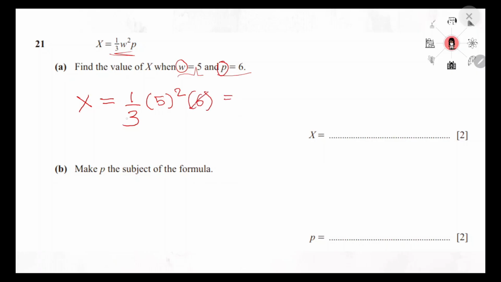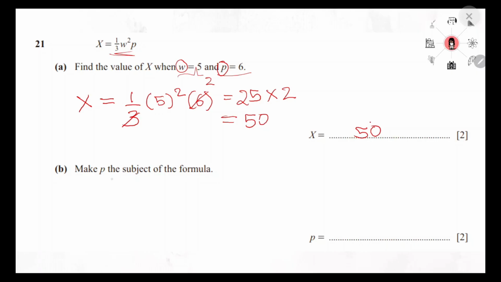So we can cut out 6 and 3 to get 2. 5 squared will give us 25, so 25 into 2, which equals 50. Thus x is equal to 50.